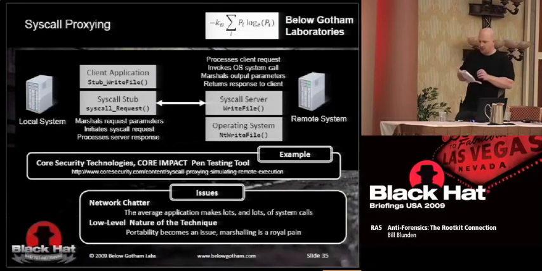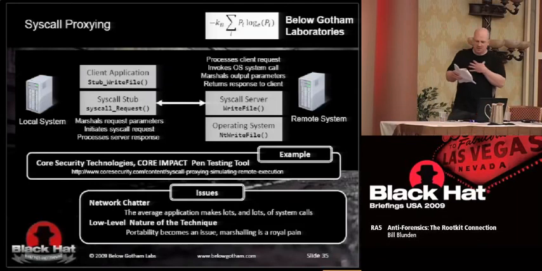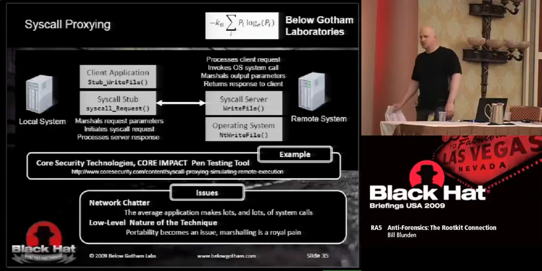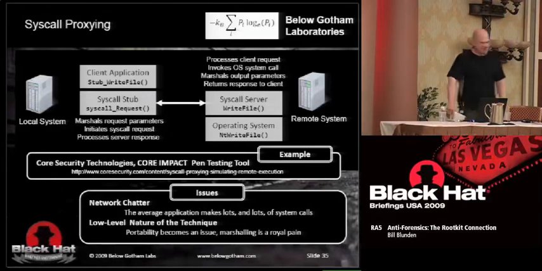So you have this program that seems to be running on the attacker's machine from the attacker standpoint, but the byproducts of execution are happening on the targeted machine. And there have been well-known implementations of this. The Core Impact penetration testing tool from Core Security Technologies is probably the defining example of this technique.